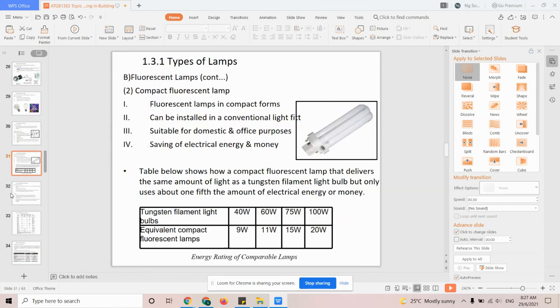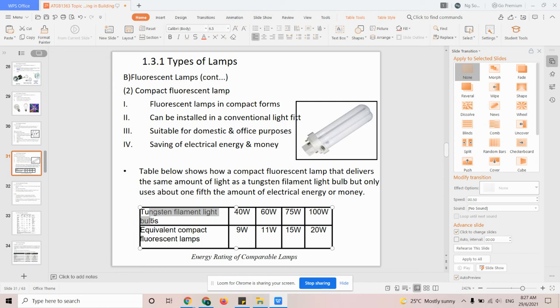So here, this gives a general idea. On this table, it just gives a very general idea of how efficient a light is as compared to the method in how they provide artificial lighting to us.